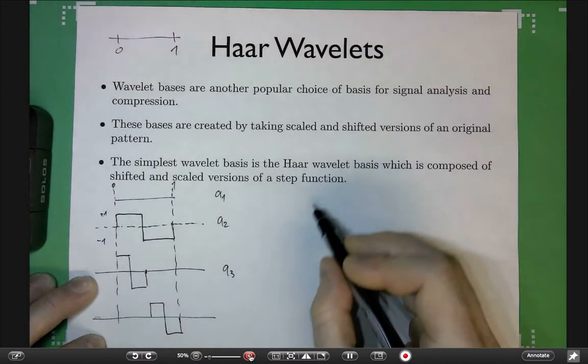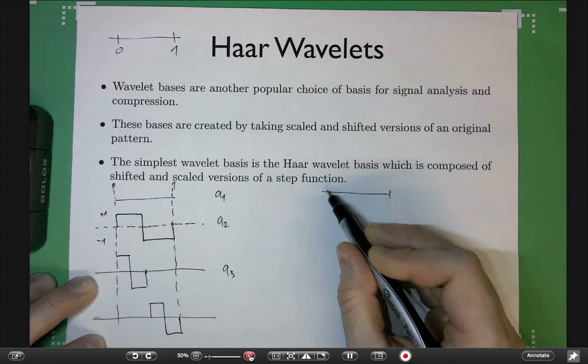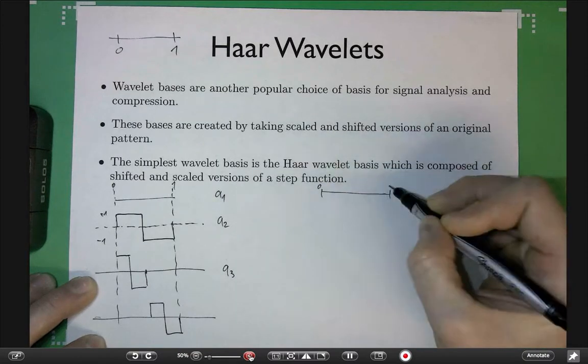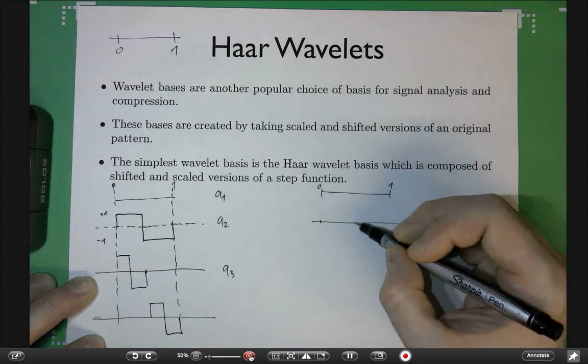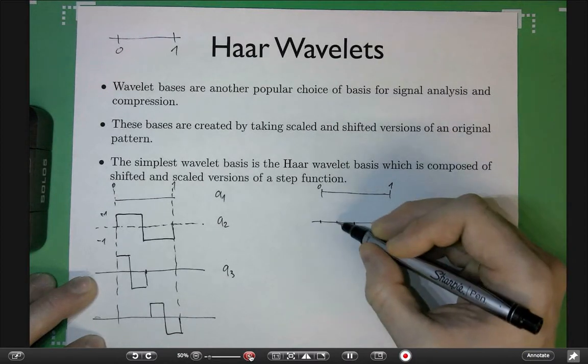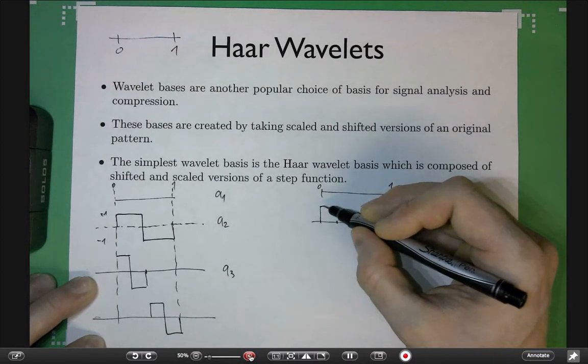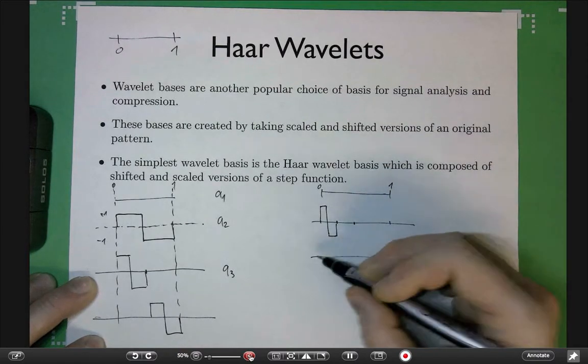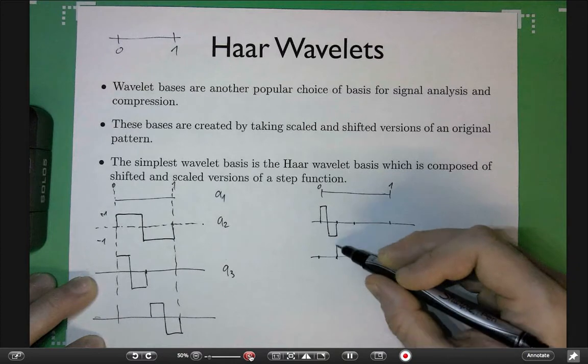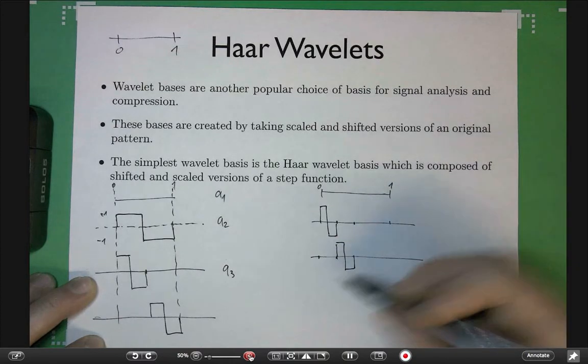And then to get the next one, if there is again my 0 to 1, I would scale it even more. So scale it to 1/4. And then the remaining ones would be just translations of the same thing, right?